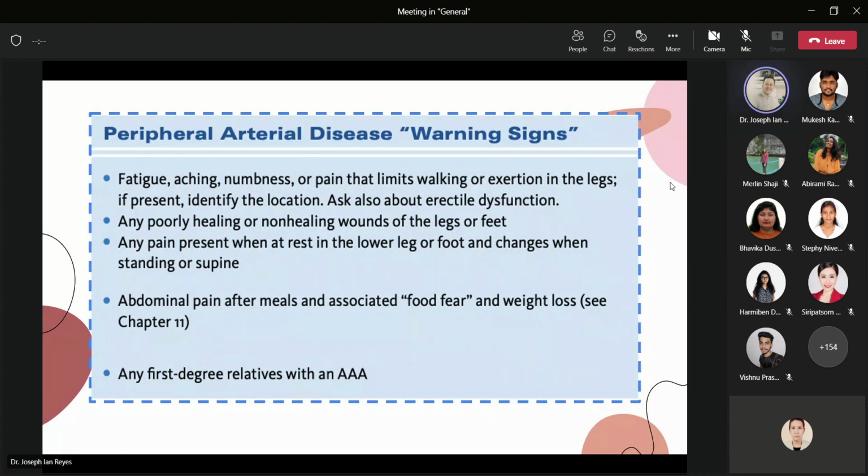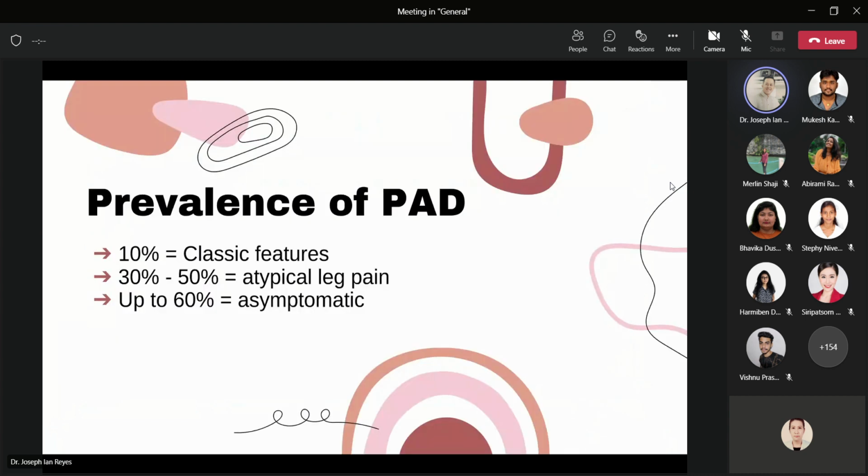So earlier I mentioned hair loss over the anterior tibia. This would describe a decrease in arterial perfusion in that area. Then, only 10% of patients have the classic feature of leg pain with exertion relieved by rest.